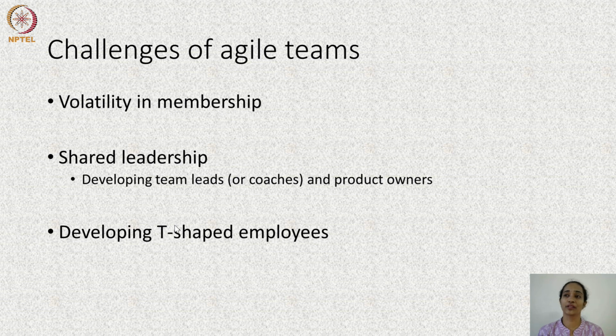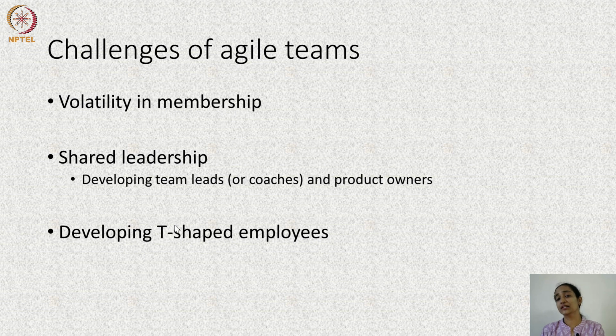Another challenge with Agile teams is developing the concept of shared leadership among the team members. That is, team members have to realize how they themselves and other team members can contribute to the team task. As and when the situation arises, team members have to come forward and take the leadership position based on their skill and competency.